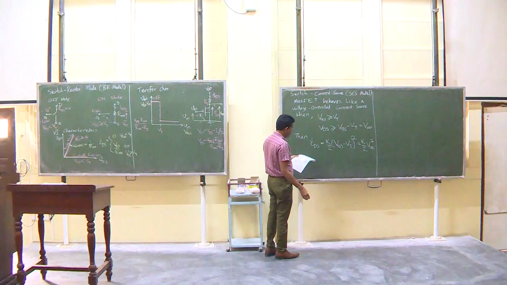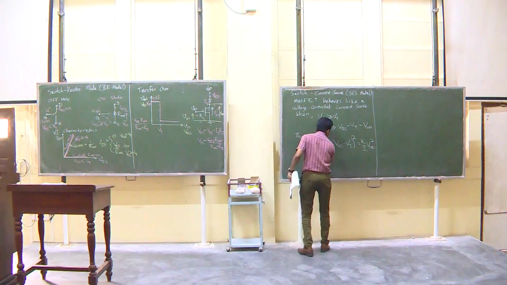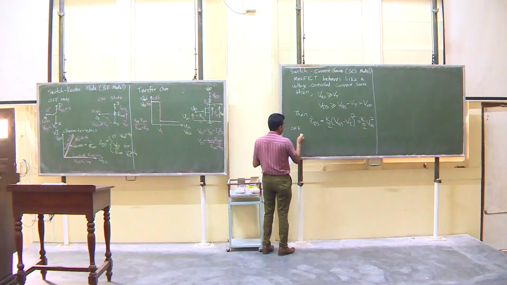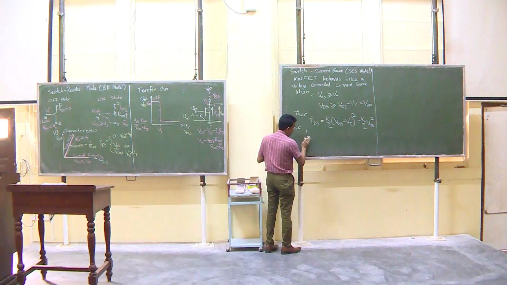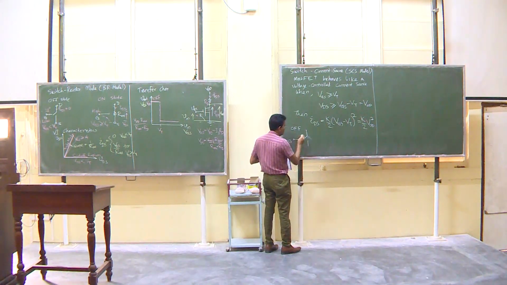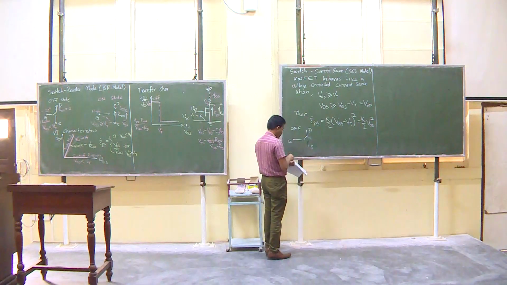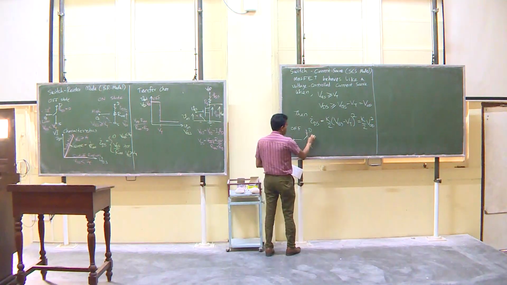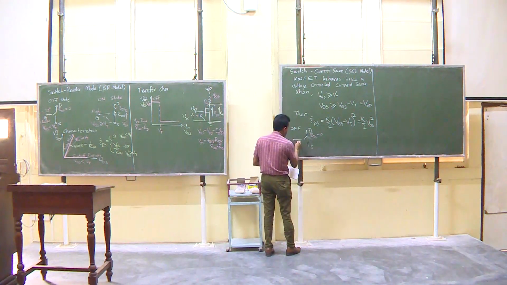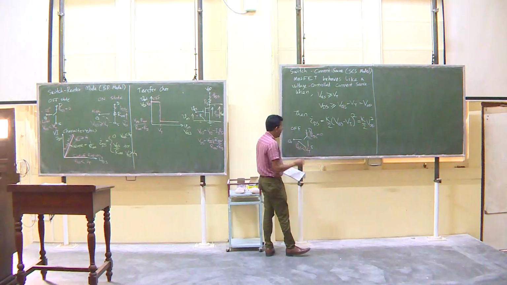So therefore, initially we represent the off state similar to what we already have. So this is the off state, VGS less than Vt.